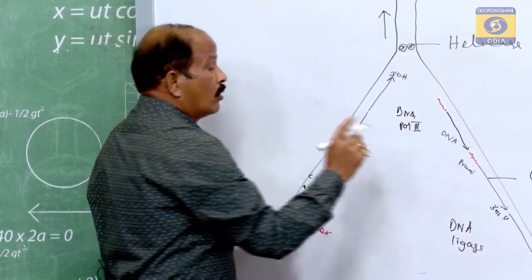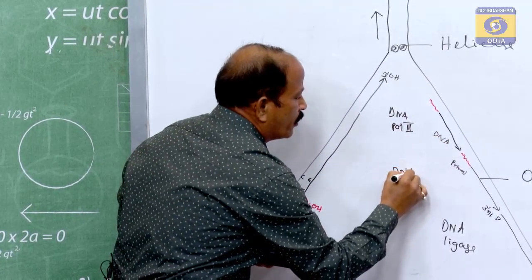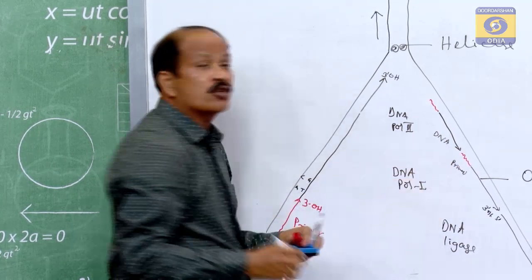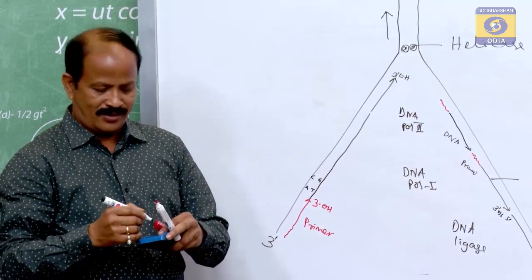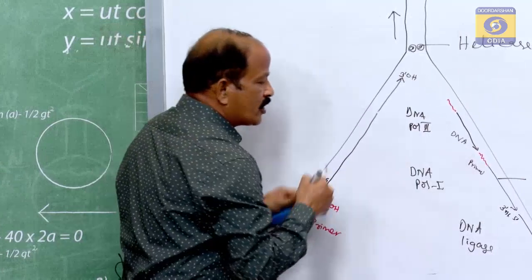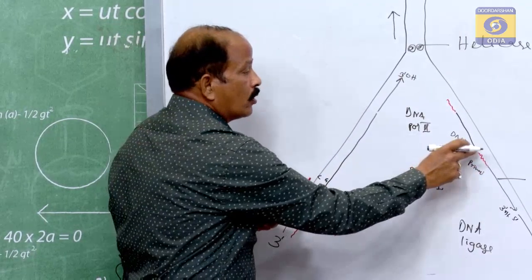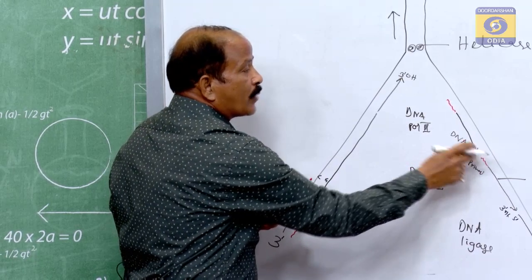So, now another enzyme called DNA polymerase 1 comes into action. It is a bifunctional enzyme, an editing enzyme, it edits. What does it do? When this enzyme comes into force, it removes the RNA primer.